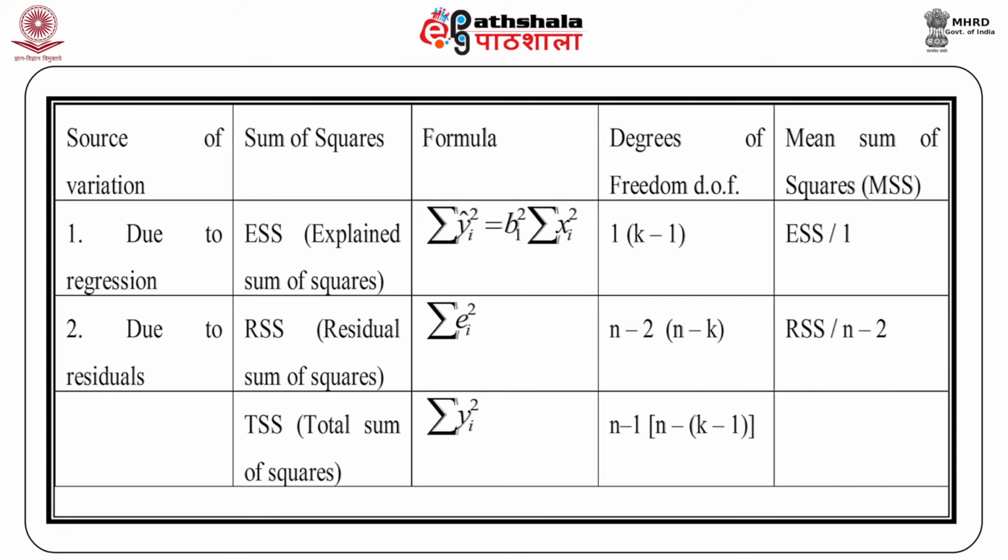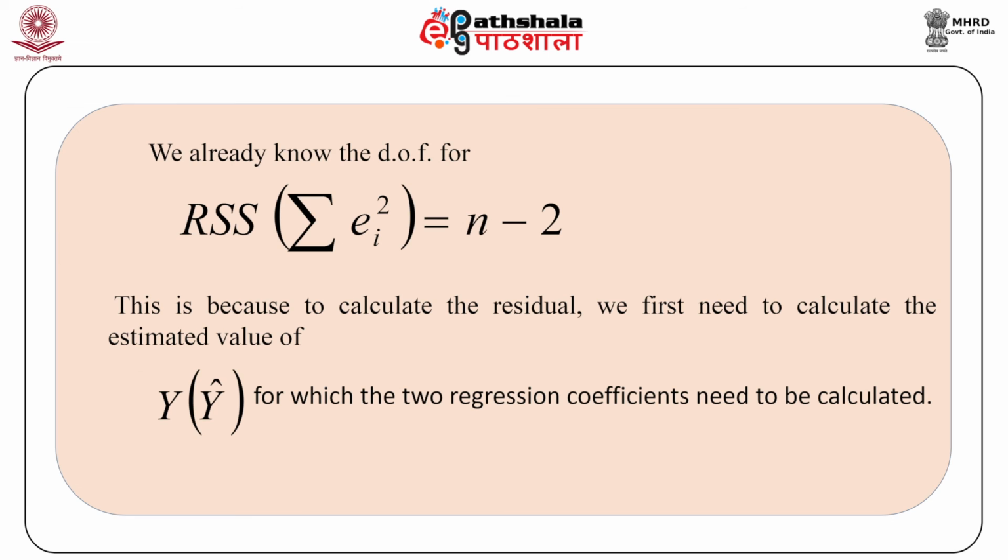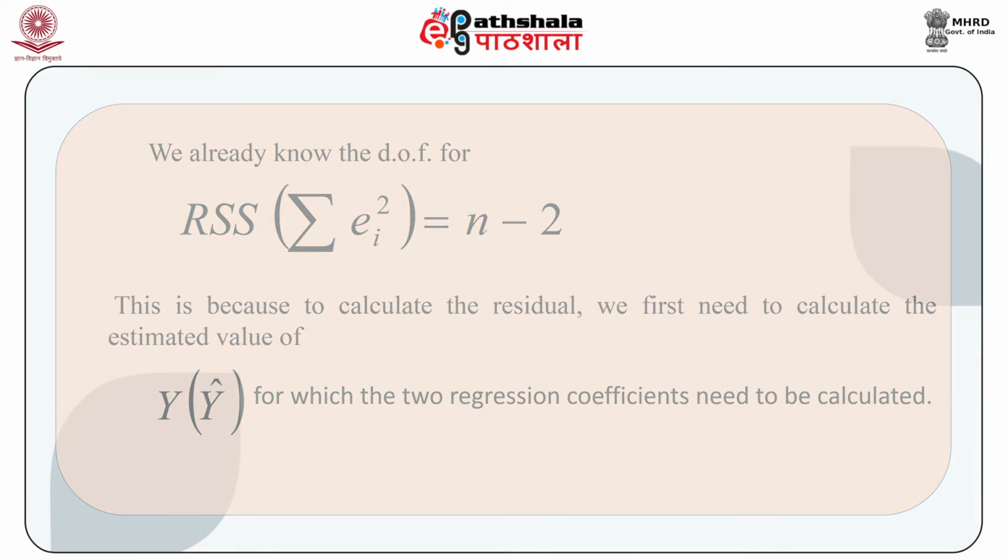We already know the degrees of freedom for RSS, sigma ei square, is equal to n minus 2. This is because to calculate the residual, we first need to calculate the estimated value of y cap, for which the two regression coefficients need to be calculated.